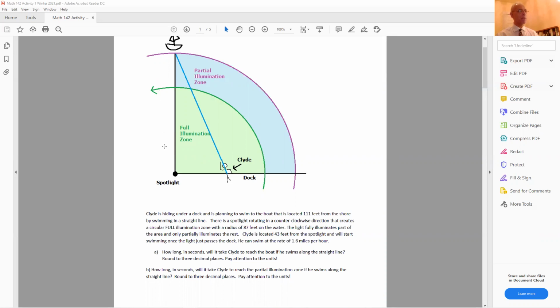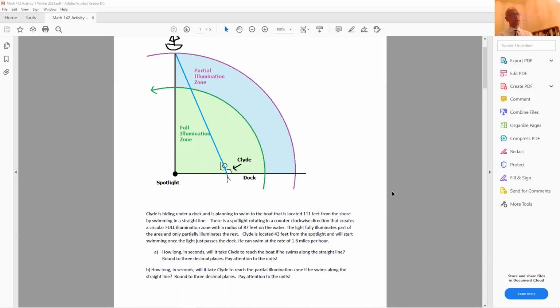The distance between the spotlight and the boat is 111 feet. What else do we know? We know that the radius of illumination is 87. So from the spotlight all the way to this green circular curve, we have 87 feet. Clyde himself is 43 feet from the spotlight.